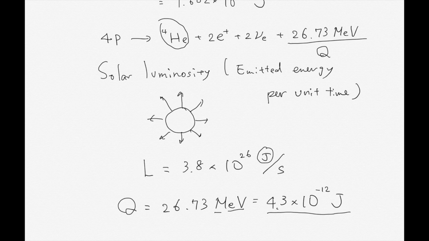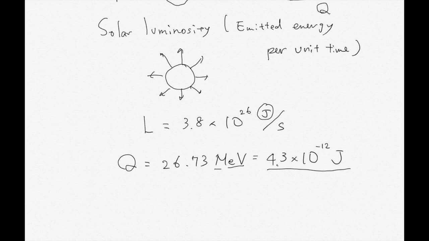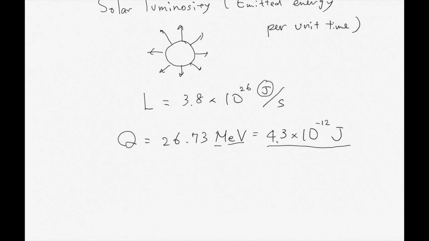Okay. Then we would like to find the number of neutrinos formed per second. The Sun emits luminosity, and we want the number of neutrinos formed every second.